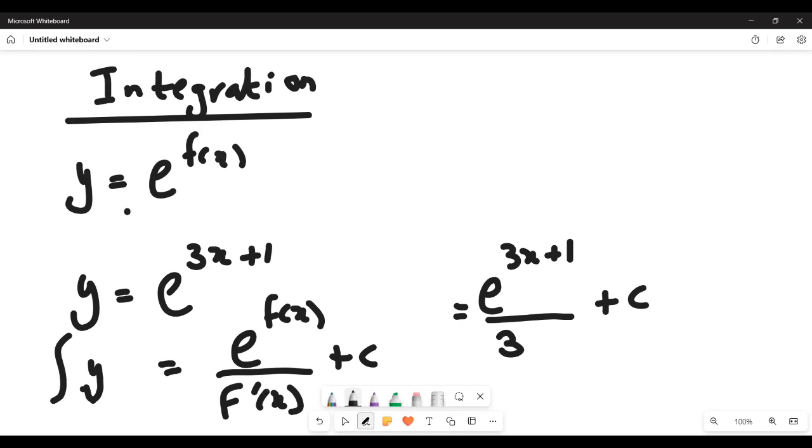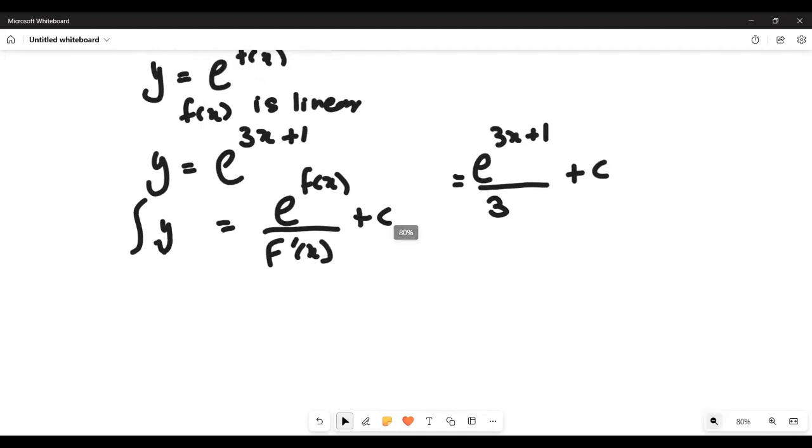However, if fx is not linear, here fx was linear. If fx is not linear, then the case isn't as simple.